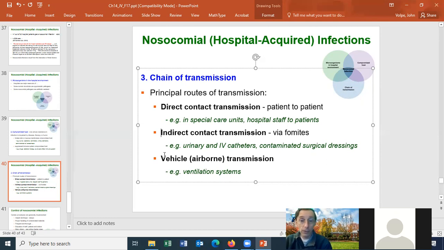There's also vehicle airborne transmission where the ventilation system can spread the transmission. Hospitals are aware of this, and especially with airborne diseases, they try to put a patient in a room where the air can be sort of filtered, like with COVID-19. An even better example was, what was that one? Ebola.